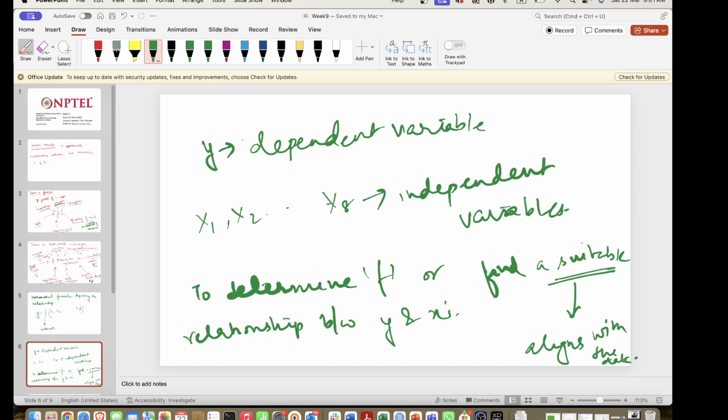we are going to devise or guess what the form of f is, in such a way that we are confident that whatever observed data points I have, they are actually generated in that process.